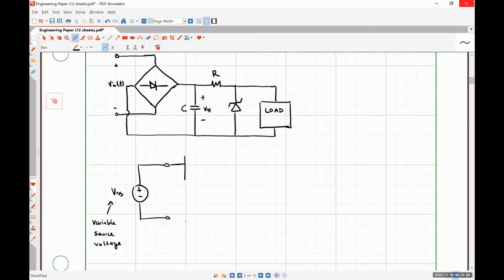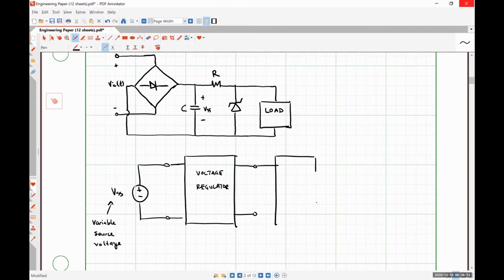Well, then we break this down into our voltage regulator circuit. And then this guy is in turn connected to our load.